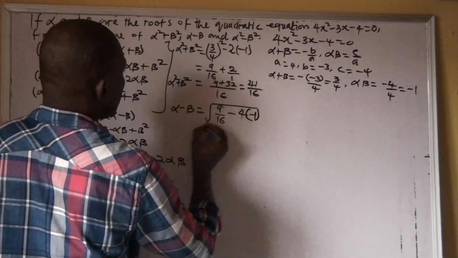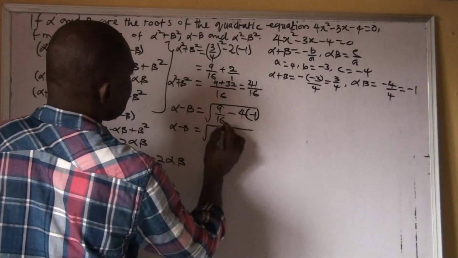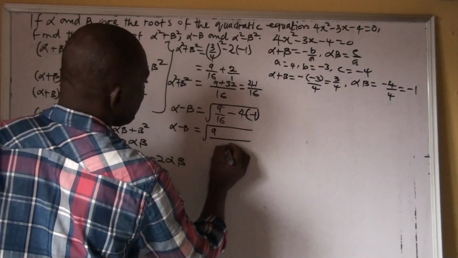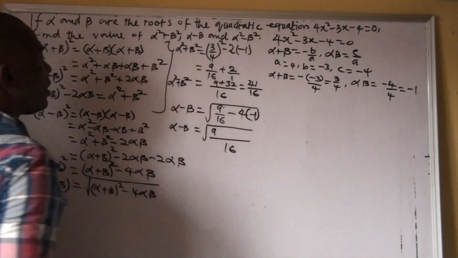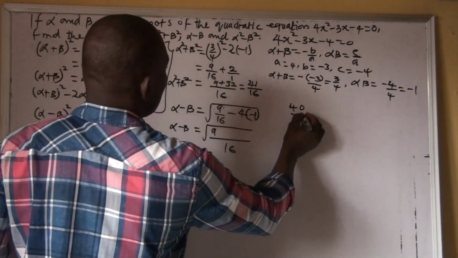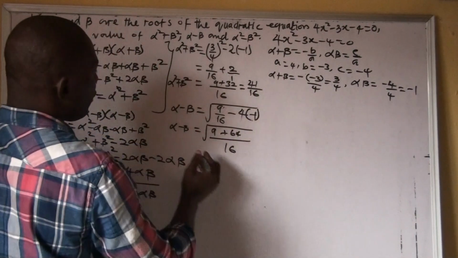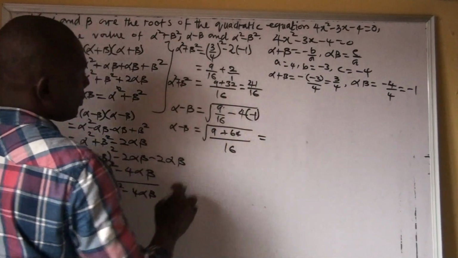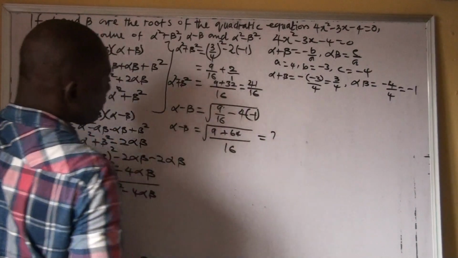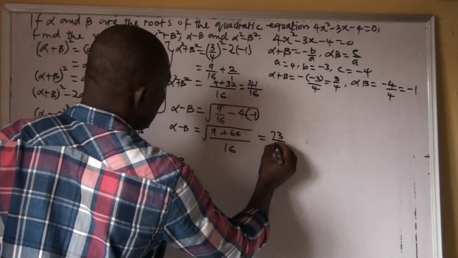So our result alpha minus beta becomes 9 over 16, this is a fraction already, plus 16 times 4, that will give us plus 64. 9 plus 64 will give us 73 all over 16.